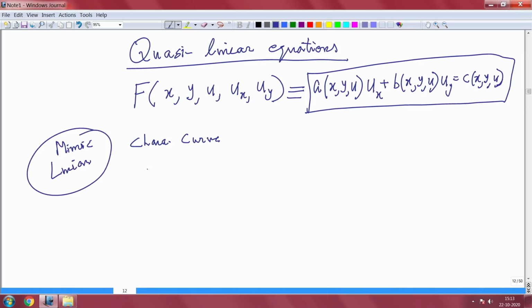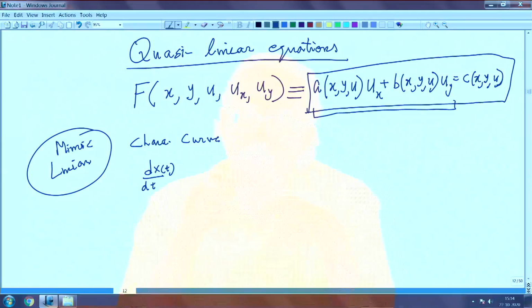You have the characteristic curves dx by dt, in such a way that the differential operator is similar. You see, the major issue is that in this case a ux plus b uy is still the derivative of u along that direction. The problem is that a and b depend on your unknown.